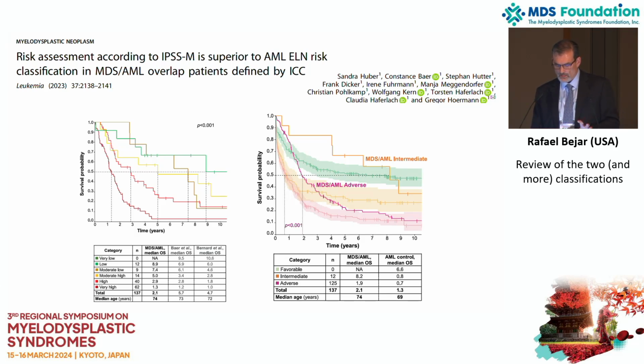So the argument here is that this distinction of MDS-AML really isn't necessary, that these patients are still MDS-like in many ways, especially in terms of their mutational status. And then when we think about applying AML therapies, we should think about it based on biology. Do they have the targetable factors that would recommend that therapy in an AML patient, for example? Do they have other clinical features that might suggest they do better with AML-type therapy, like having AML-like mutations, DDX41 or NPM1 or other things of that nature?